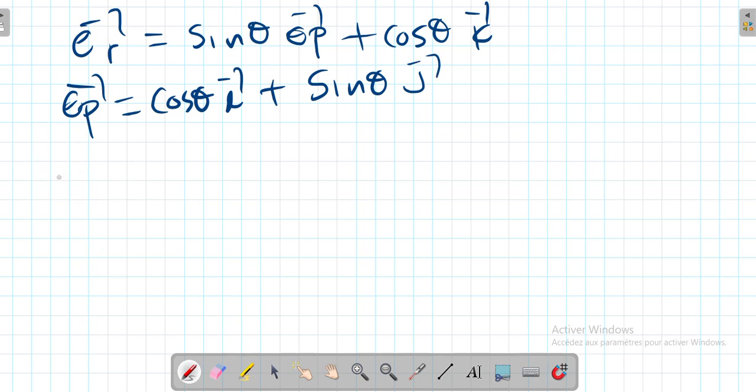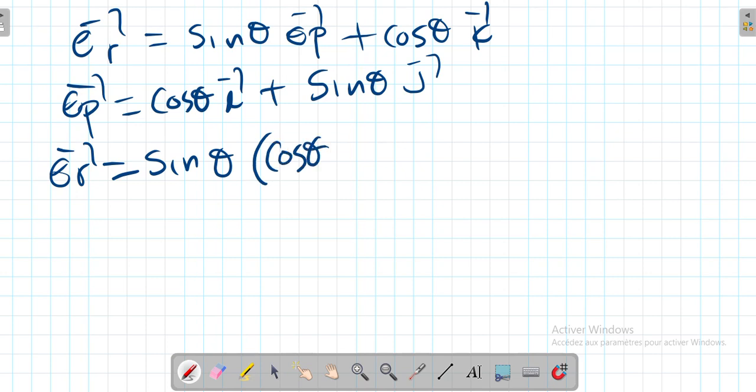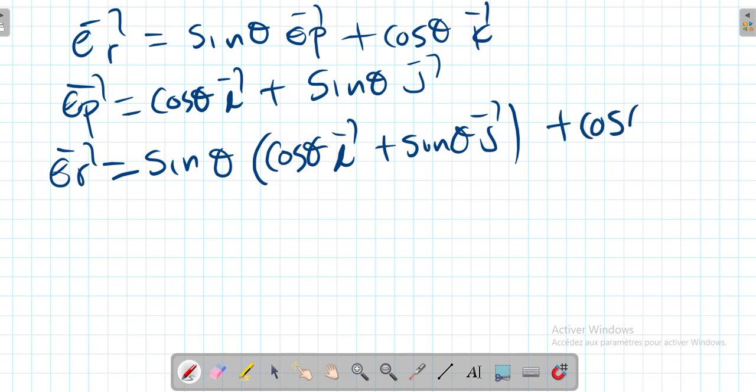So you can now replace it. For ER, you just do a bit of algebra. So E rho, you put cos theta E plus sine theta G, and then plus cos theta k. This is how you convert ER in the base Cartesian. If they tell you to express ER in the base Cartesian, that is as a function of E, G, and K, you just multiply sine theta outside.